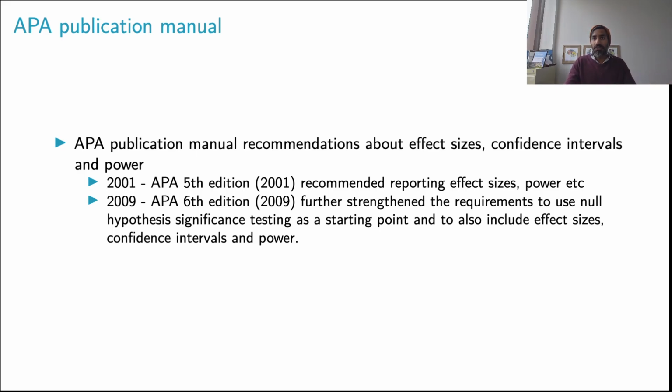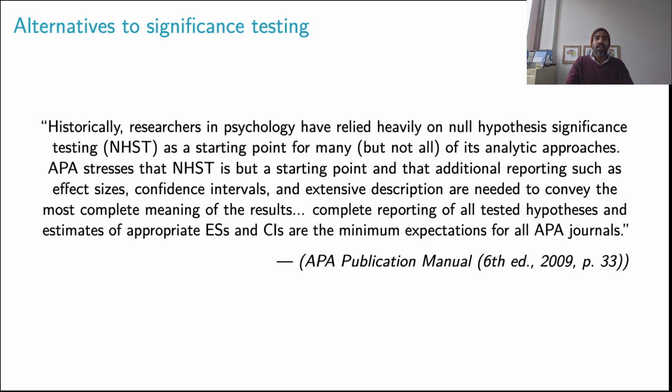And more often than not, reviewers, if you submit a paper or research to a journal, they'll ask for these things. If it's a good journal or a good reviewer, they will typically ask you to include your confidence intervals around your effect sizes. So historically, researchers in psychology have relied heavily on null hypothesis significance testing as a starting point for many, but not all, of its analytical approaches.